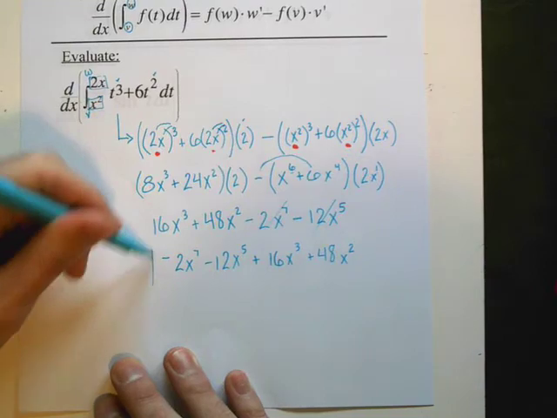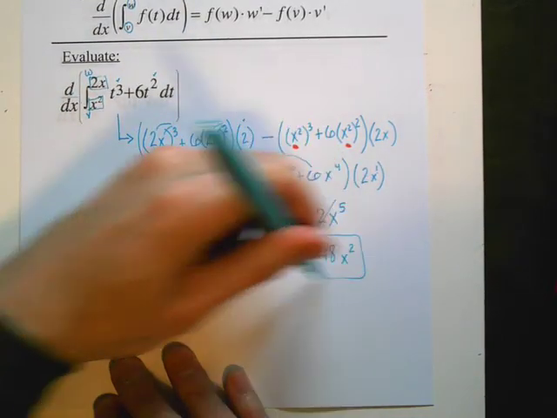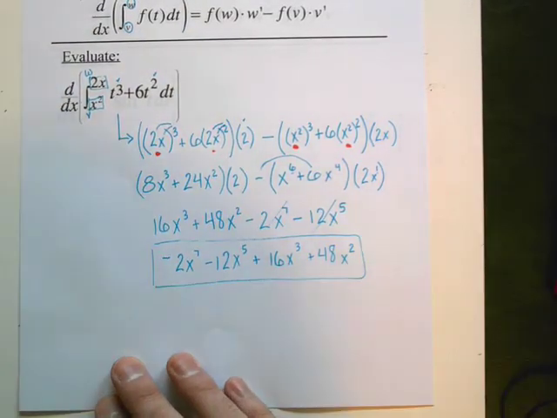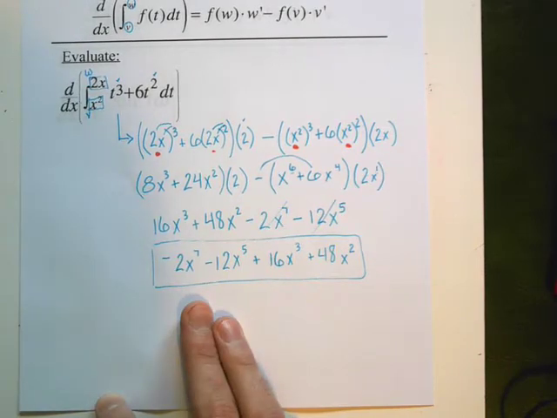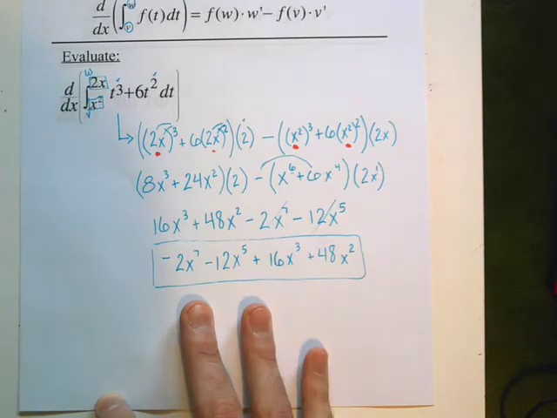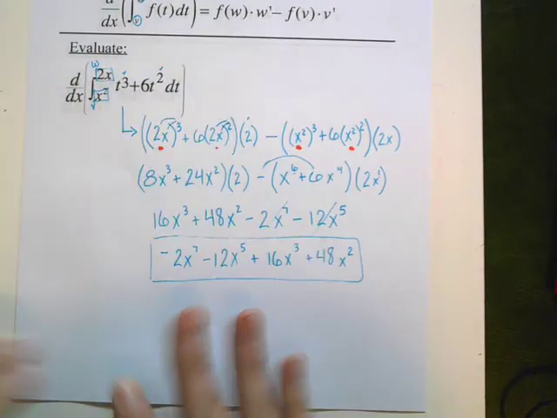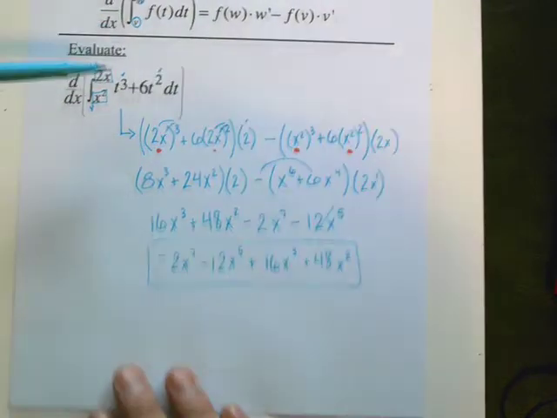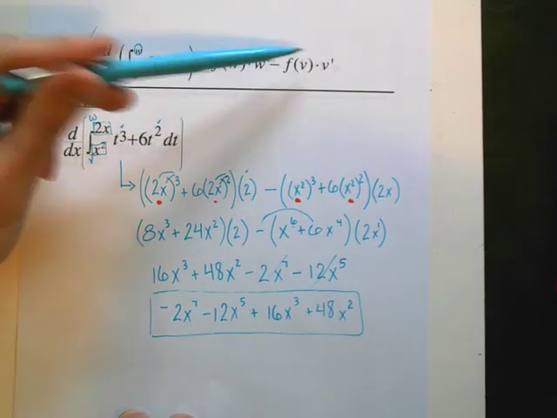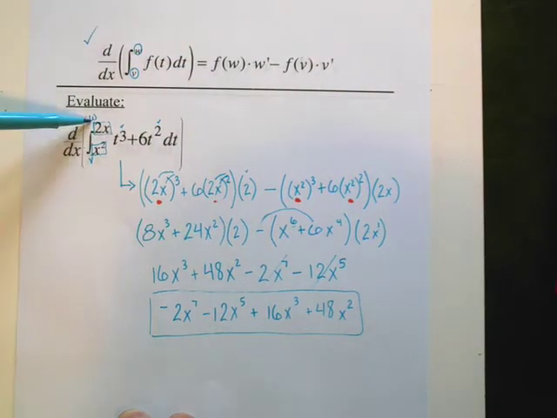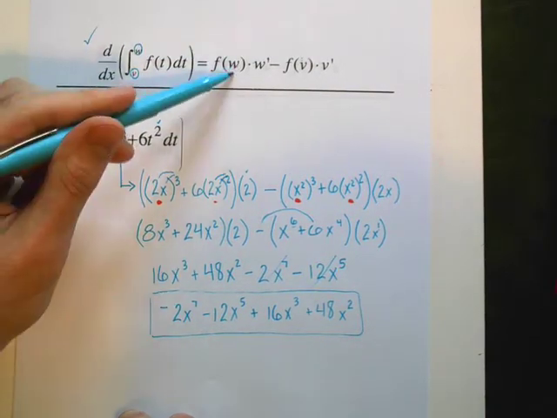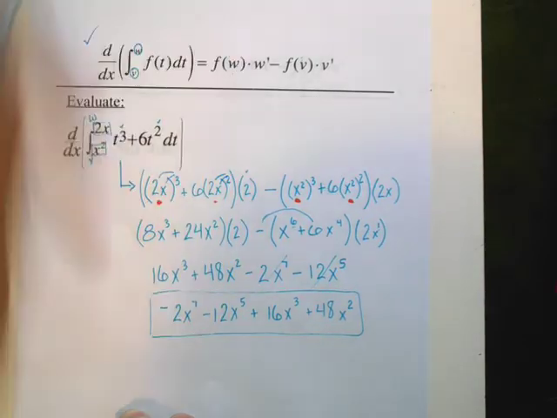Okay, this is your final answer. Let me just double check here, make sure I did this right. 12x to the 5th, 16. Yep, that looks good. Again, it's using this formula up here. This is your w, this is your v, and just following this formula up here.